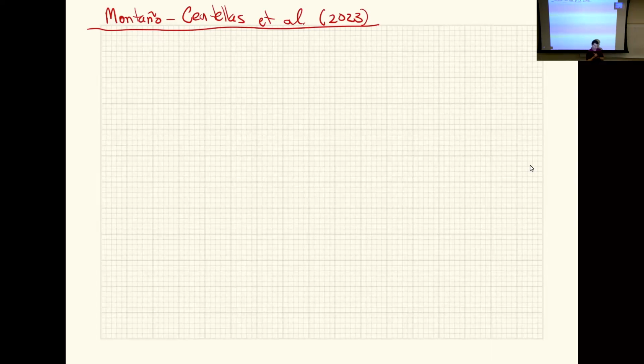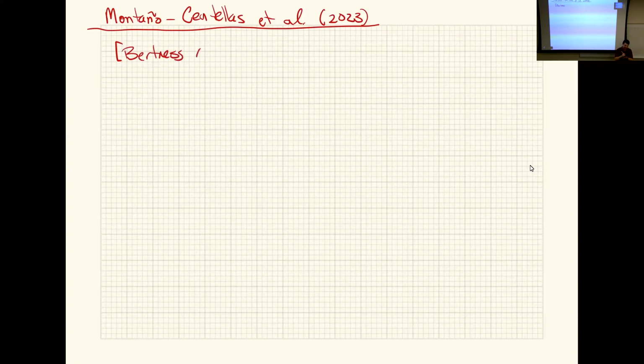The deeper idea is that there's an older paper by Bertness and Callaway, 94, also on Canvas, and they established what you can summarize as the stress gradient hypothesis.